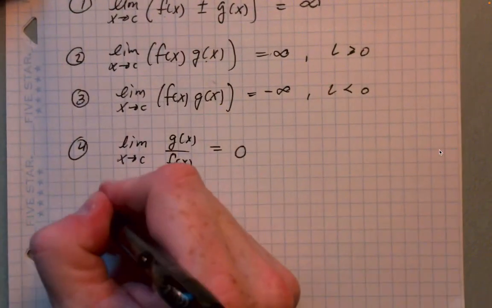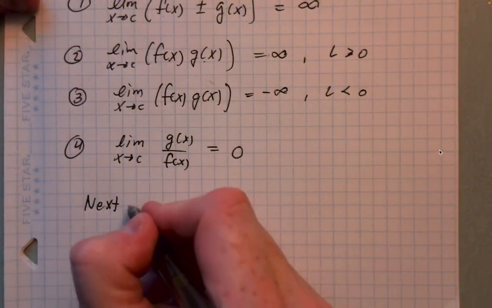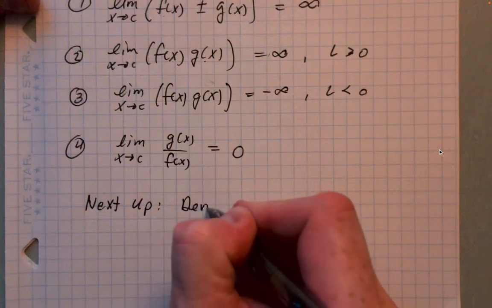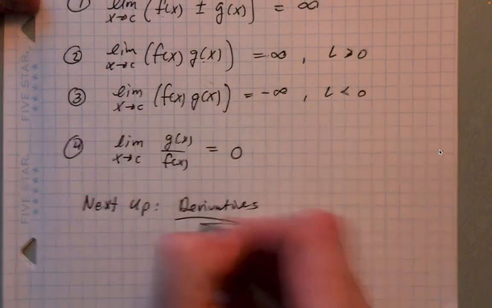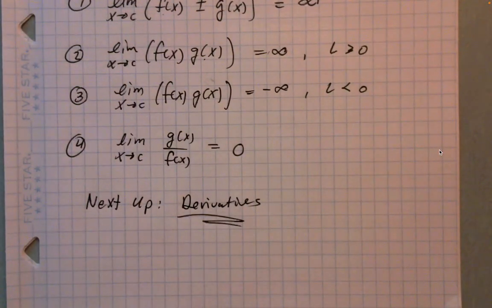And then next up is derivatives. This is one of three big topics that calculus introduces to mathematics. They introduce more than just three, but you've got the limits idea, which is a new calculus idea.